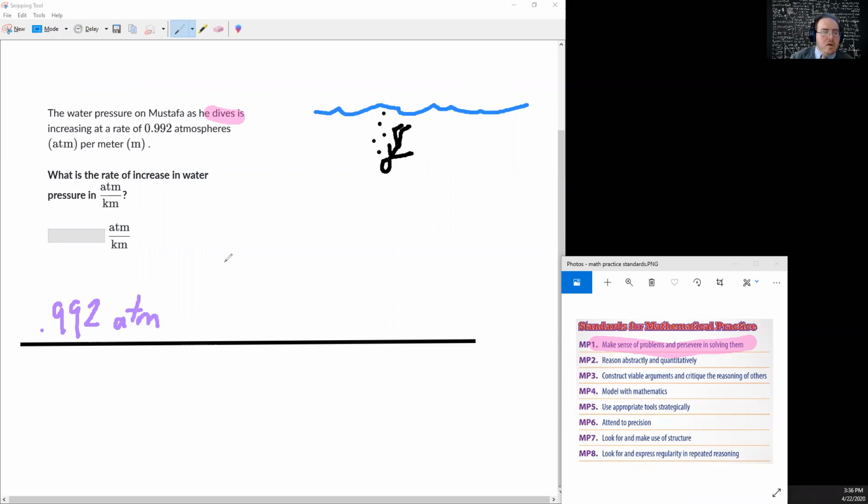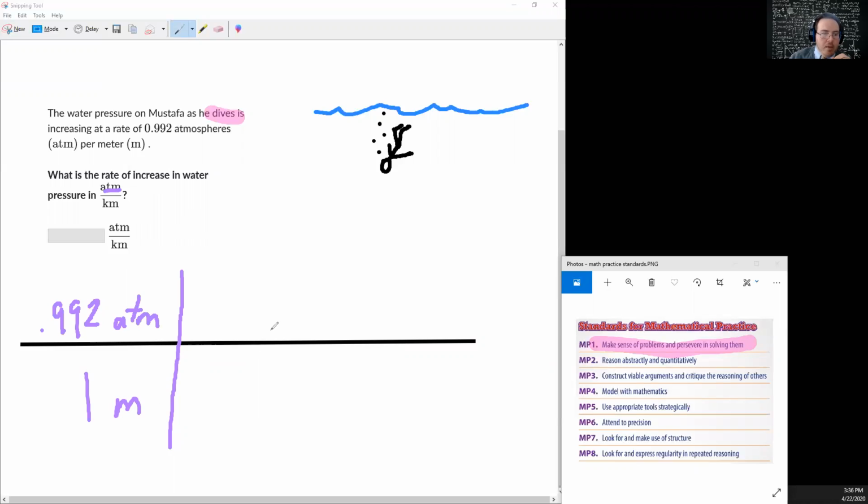And by the way, guys watching the replay, do not panic when you see units you're not familiar with. Just stick to the problem, persevere, don't give up just because you've never measured in atmospheres before. Per 1 meter. And it wants this converted. So lucky us, the atmospheres part's already done. We already have atmospheres on the top. We just need there to be kilometers on the bottom.